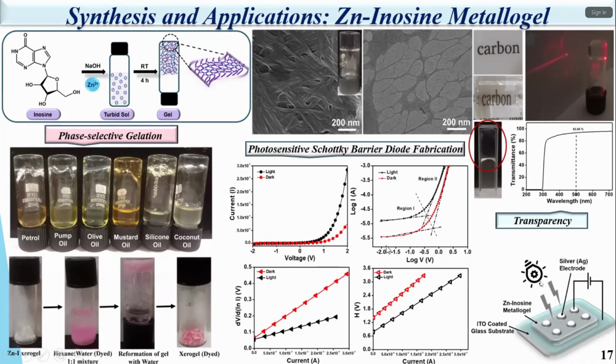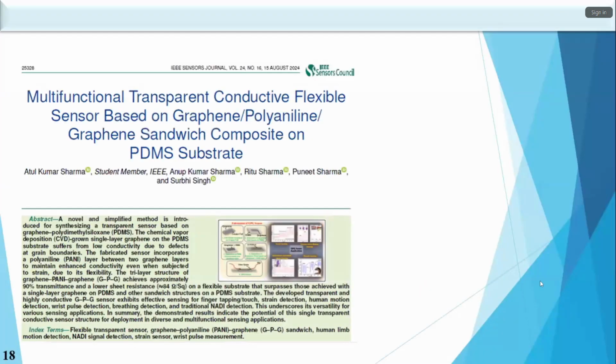We can see that the IV characteristic shows non-linear rectifying behavior, the nature of a Schottky diode. And further, we also calculated charge transport characteristics for this device and got better results than in our previous literature work. So these are some of the works we have done till now.